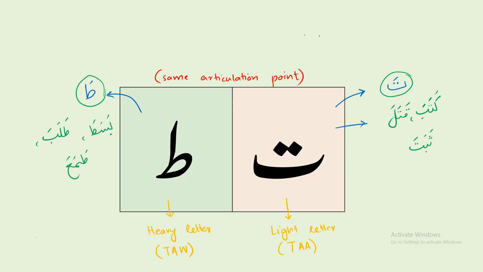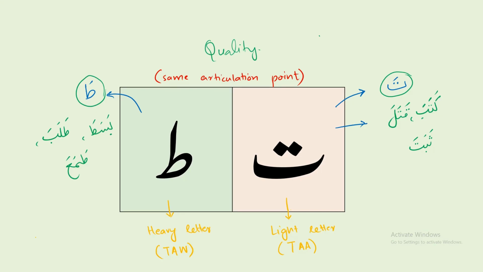So you might wonder, then what is the difference? Articulation point is the same. So where comes the difference then? So the difference is in the quality of these two letters. Okay, in Arabic, what happens is that there is this articulation of a letter, and then there is a certain quality, the way a letter is articulated.